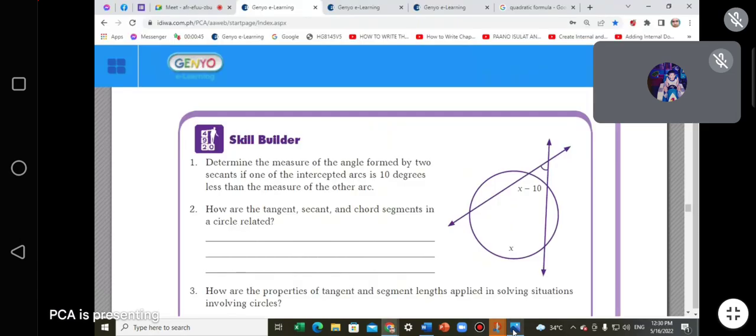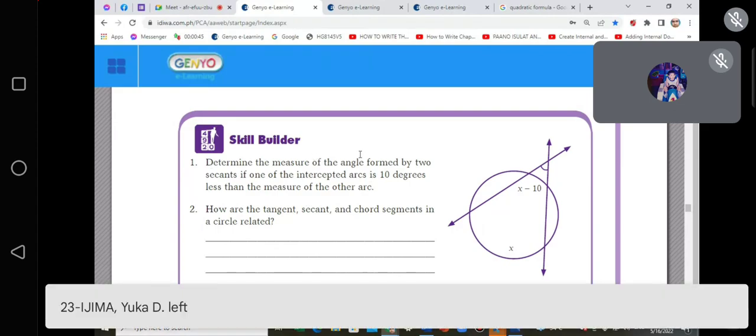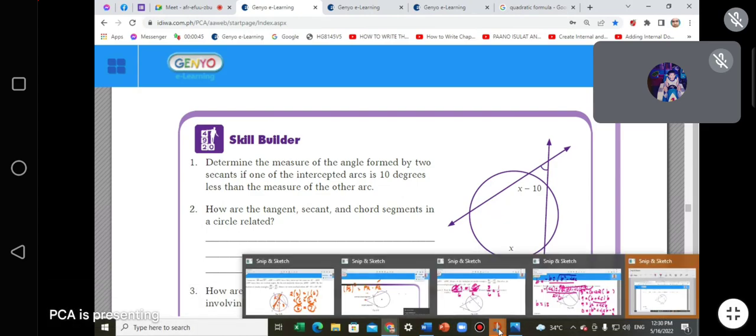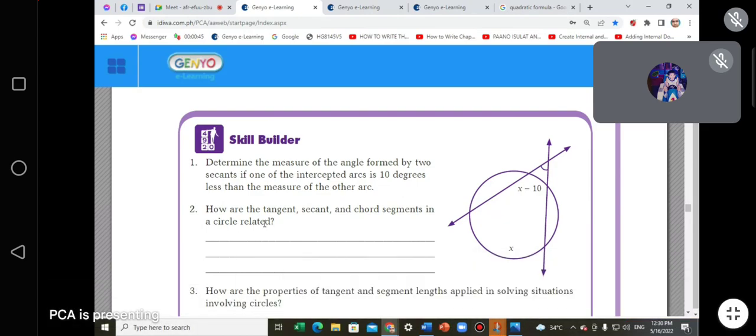Sir, so to get the bigger arc, read first this one. Determine the measure of the angle formed by 2 secants if one of the intercepted arcs is 10 degrees less than the measure of the other arc. Okay. What's your first step? First step is to get the bigger arc, which is the x.